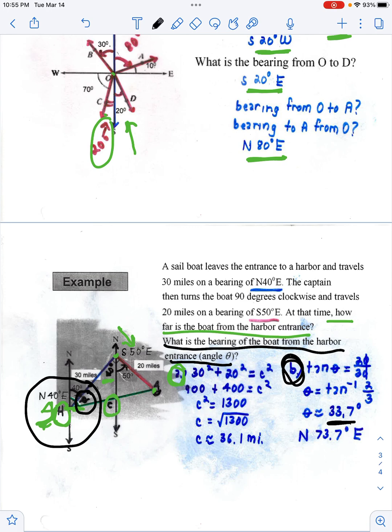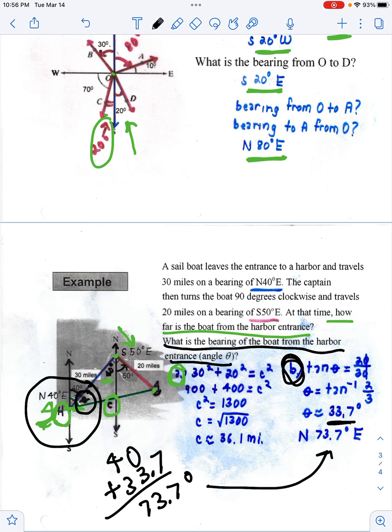So what I need to do is add 40 and 33.7 together to get the bearing angle of 73.7 degrees, and that's this angle right here. And the boat from the harbor is up and to the right, which would be northeast.